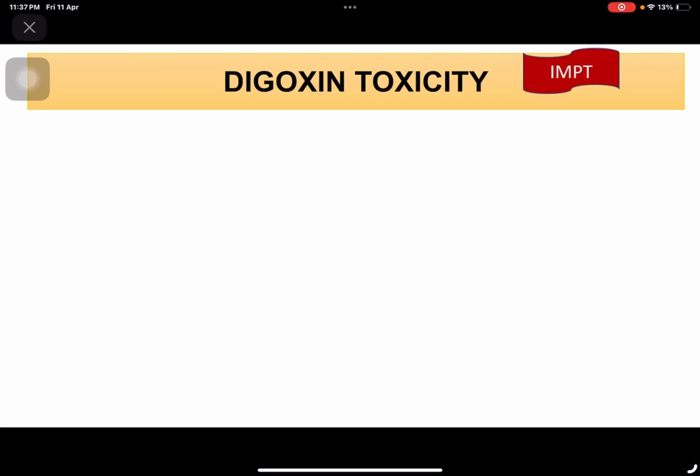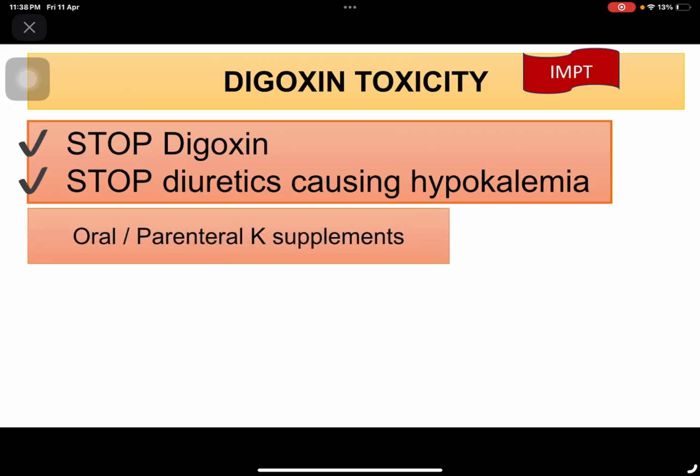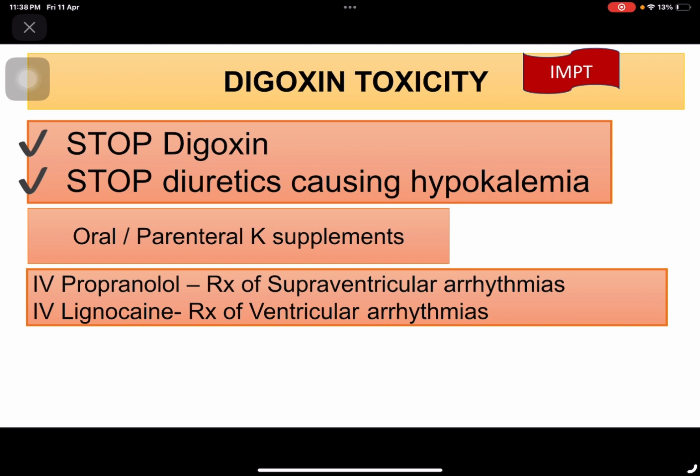So if a patient gets digoxin toxicity, what are the measures we have to follow? First of all, stop digoxin, then stop diuretics because they can cause hypokalemia, and we have to start oral or parenteral potassium supplements, then give IV propranolol and IV lignocaine to compensate for the ventricular arrhythmias.